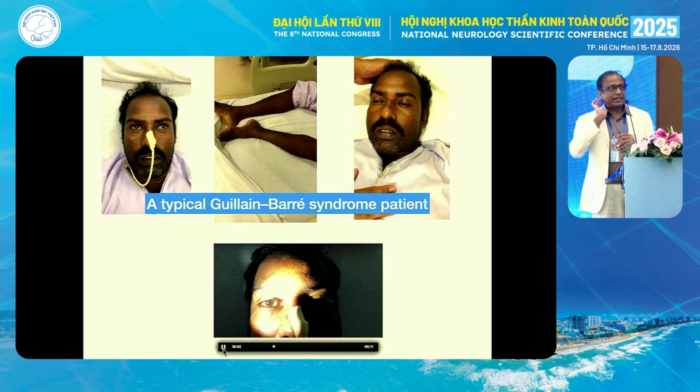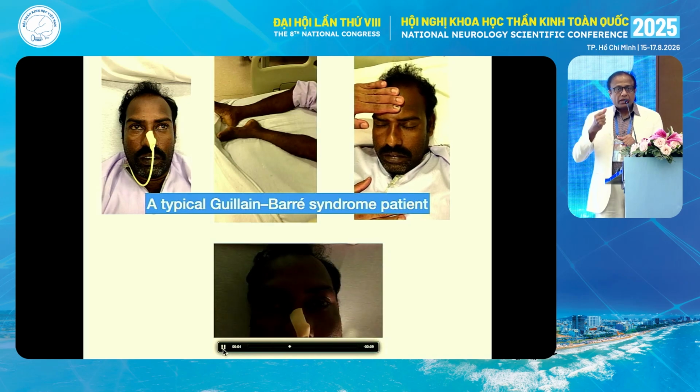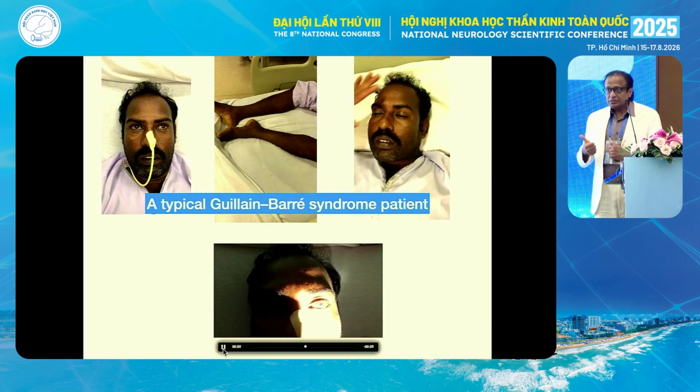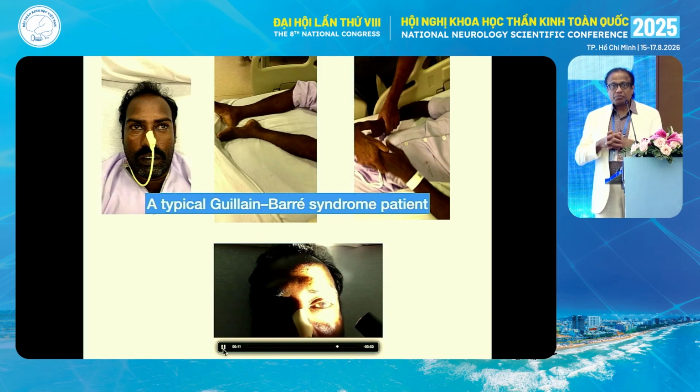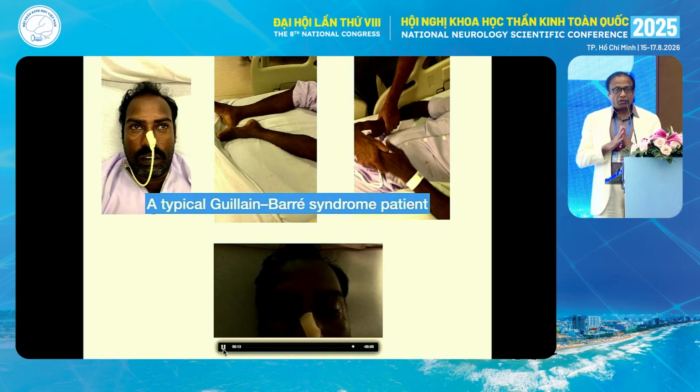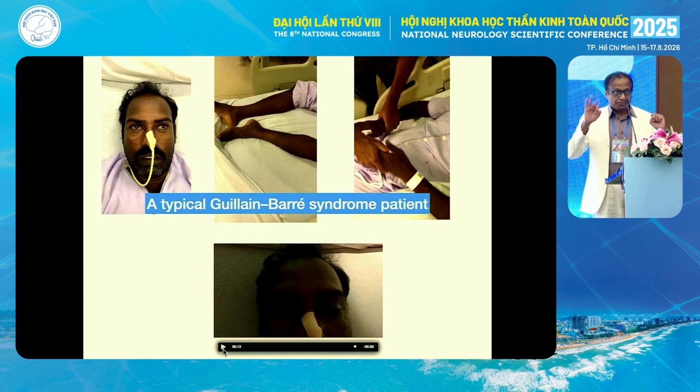So you notice there is a very characteristic feature, acute weakness of all four limbs, ascending upwards very quickly over a period of 2 to 3 weeks. In fact, we often take the timeline of 3 weeks.